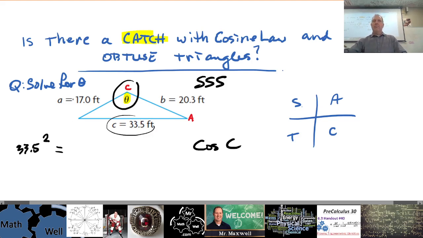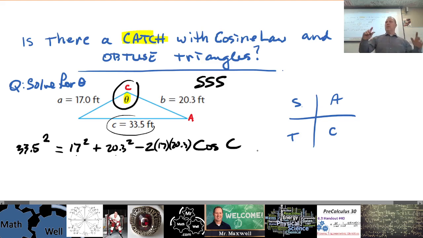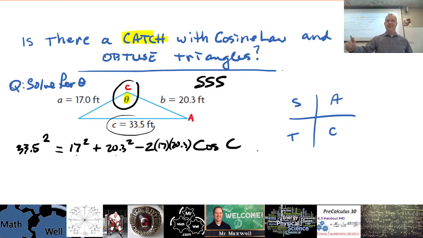In here, I'm going to make it look just like Pythagoras, so it's going to be 17 squared plus 20.3 squared, right? Looks just like Pythagoras. But then I have to do minus 2 times these numbers here. Okay, so are you guys remembering this from last chapter? How to set this up? Okay, good. So everything looks pretty cool.